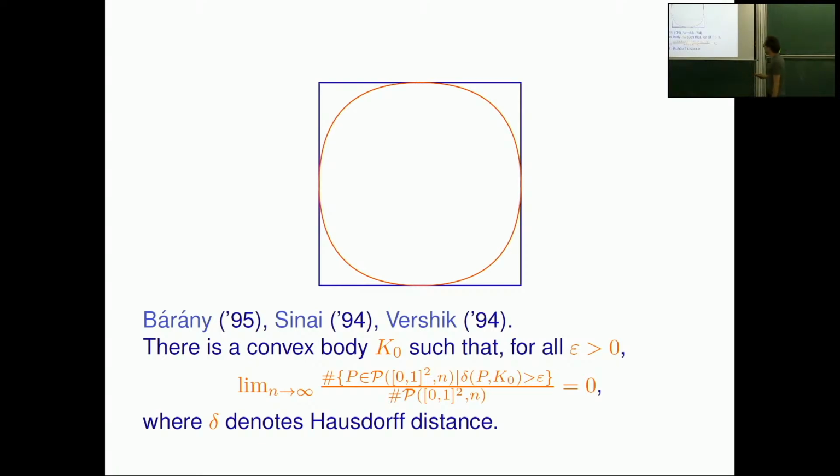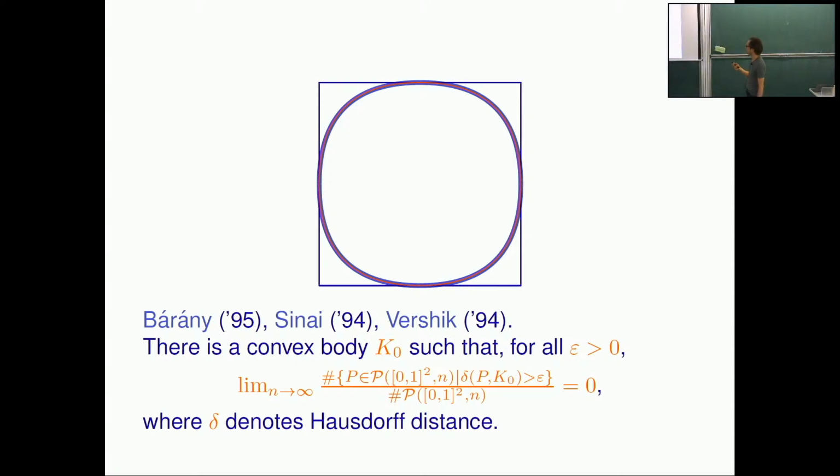The theorem is that there is a convex body; for the unit square, there exists a limit shape, in the sense that the probability that the Hausdorff distance between a uniformly random convex polygon and the limit shape is greater than epsilon will tend to 0 for any epsilon greater than 0.